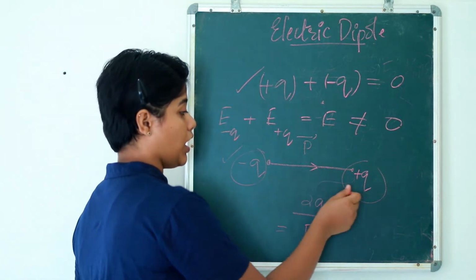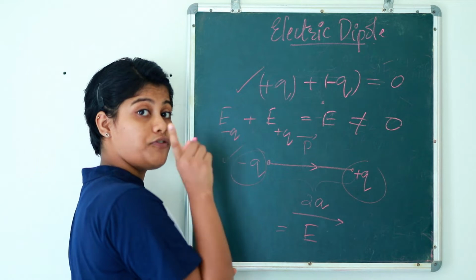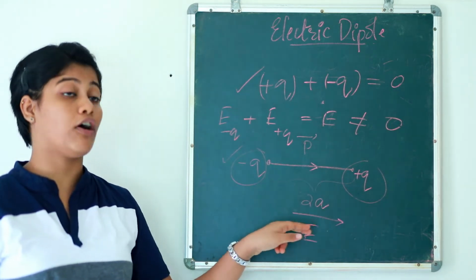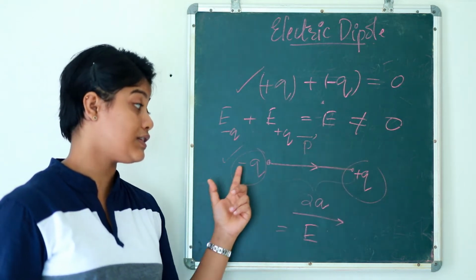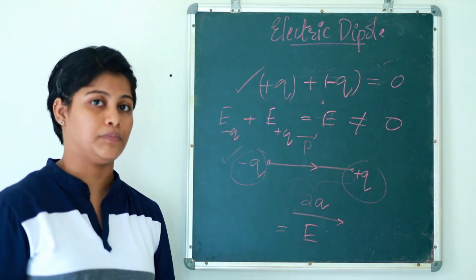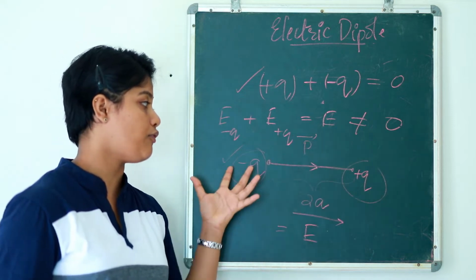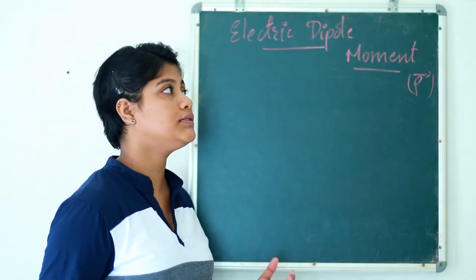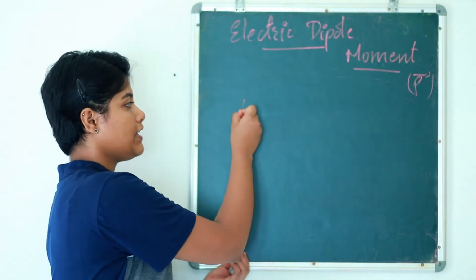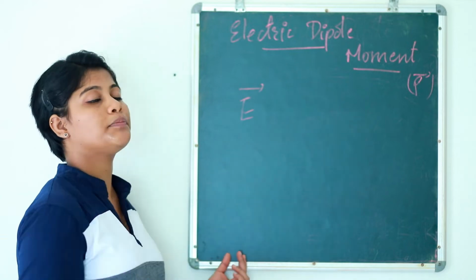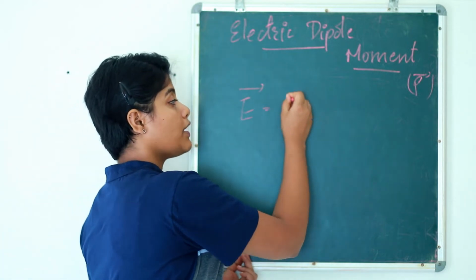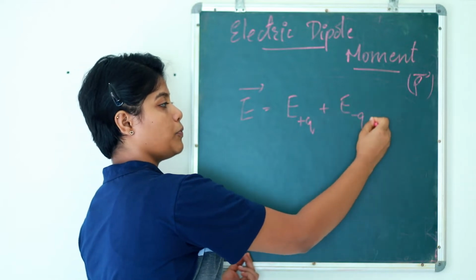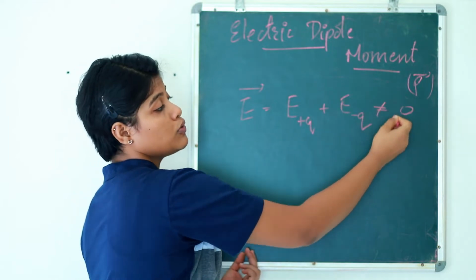So what is a dipole? A dipole is two charges oriented in a specific direction, from minus q to plus q, with a certain distance of 2a, and this is fixed in every system. Wherever they occur, this is the orientation they take. We just learned that the net electric field E of a dipole is E plus q plus E minus q, and this can never be equal to 0.